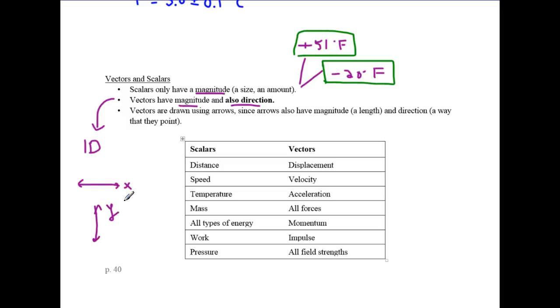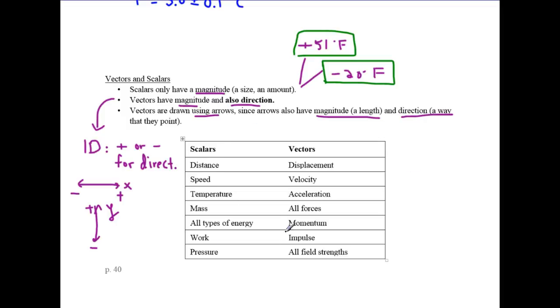For vectors that are pointing along one axis, you can use positive or negative to represent the direction. Usually we say right is positive, left is negative, up is positive, down is negative. Now vectors of course we draw with arrows, because arrows have a magnitude, a length, and they have a direction, a particular way they point.